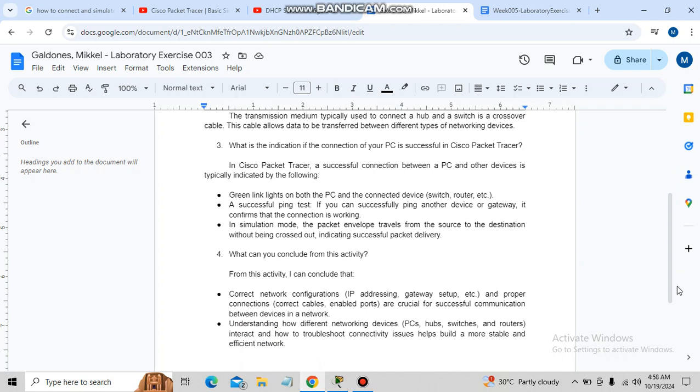And of course, I also need to understand how different networking devices interact and how I will troubleshoot connectivity issues in order to help build a more stable and efficient network. That part I didn't quite fulfill since the packet was still dropped when it arrived at the computer, but I believe I will be able to tackle that in future laboratory exercises using Cisco Packet Tracer.